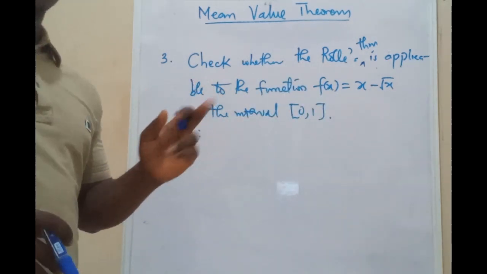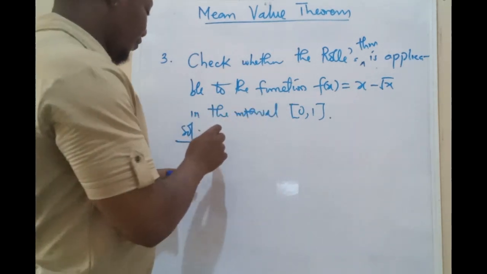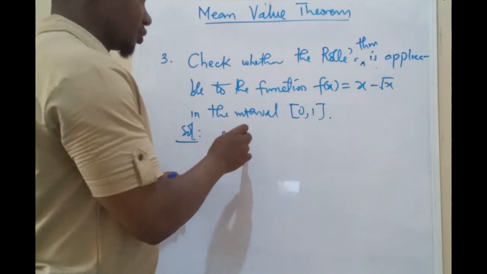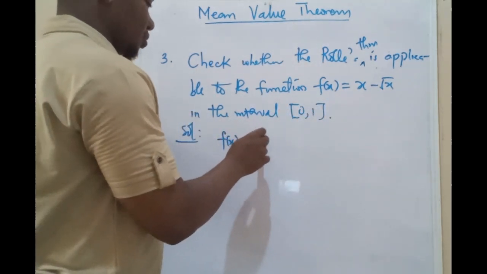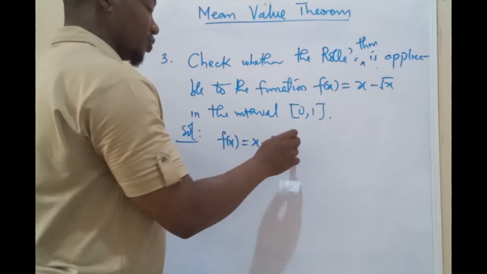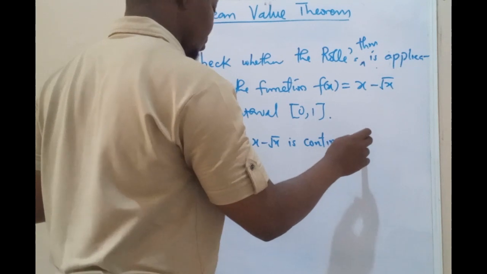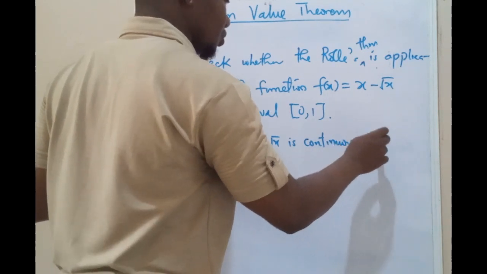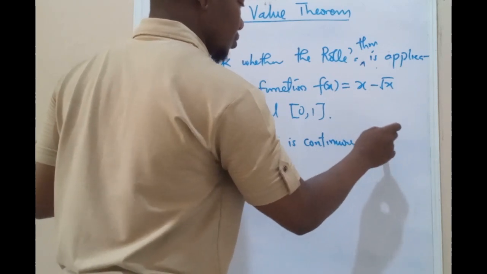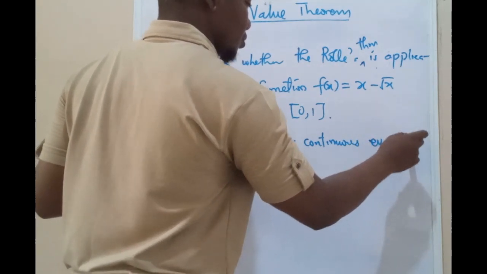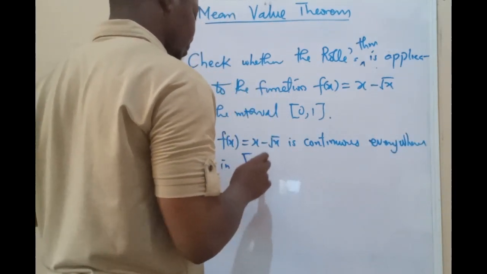From the first assumption, we'll see that f of x, that is the given f of x, is continuous everywhere in 0 to 1.